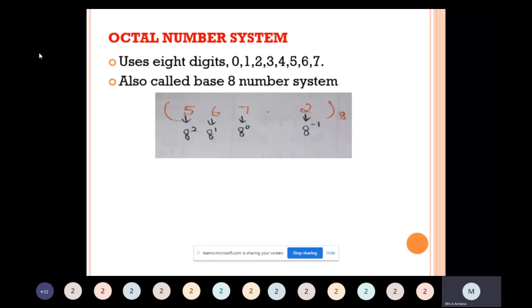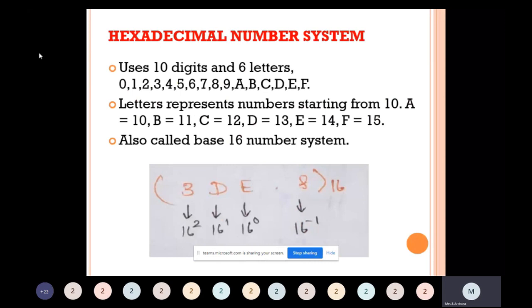The octal number system has the values from 0 to 7, so we give the weightage like 8 power 0, 8 power 1, 8 power 2 and so on. The hexadecimal number system, as we have learned, consists of 10 digits and 6 alphabets, 0 to 9 and A to F. It is also called a base 16 number system.